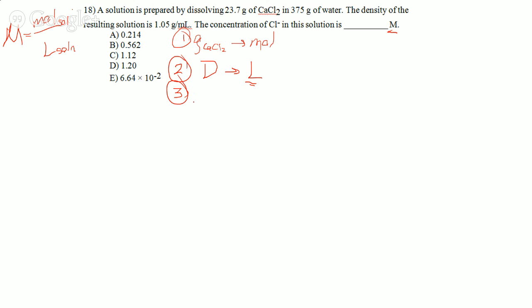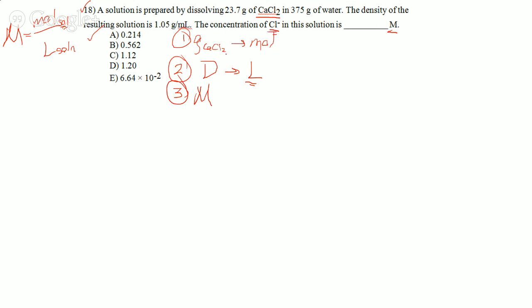Next step, you got to be careful here. You calculate the molarity because you would have moles and liters, but this is of the solute, which is calcium chloride, CaCl2, but the question wants the concentration of Cl minus.